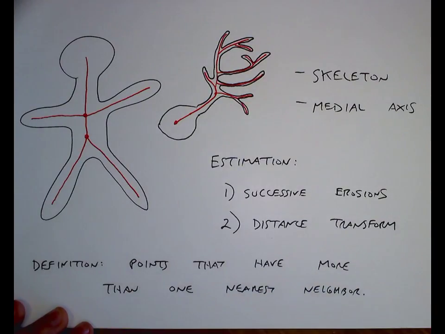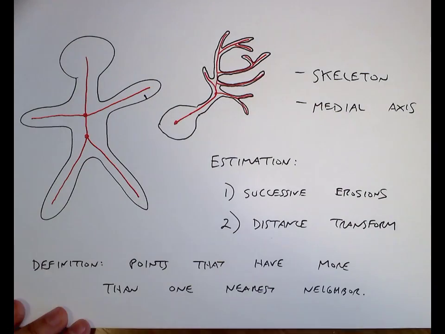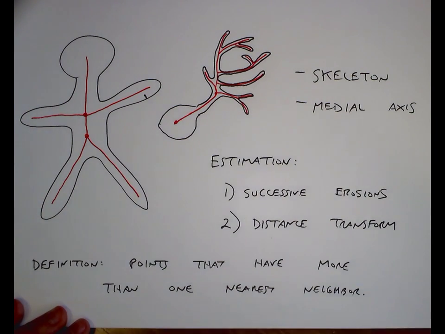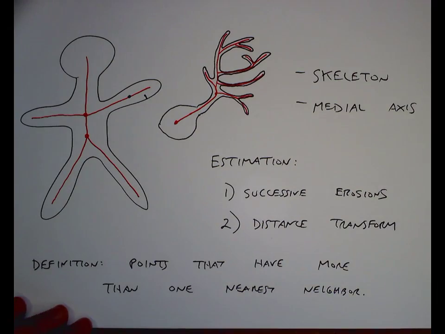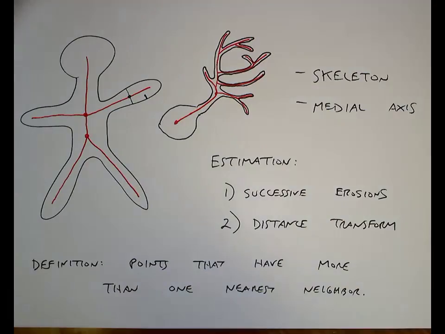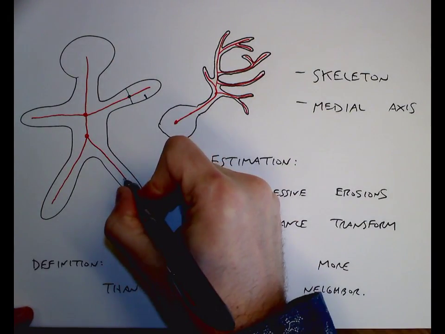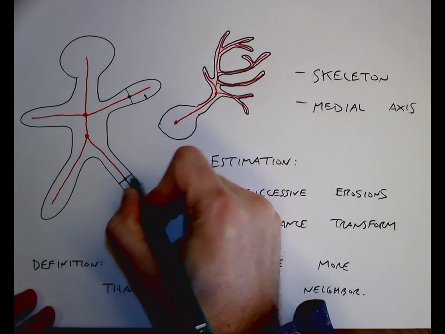If I think about it, a point over here has just one nearest neighbor. It's not on the medial axis. This point over here has two places on the boundary that it is exactly equidistant from. Same thing over here, this point has two neighbors. And so I look for those kinds of points.